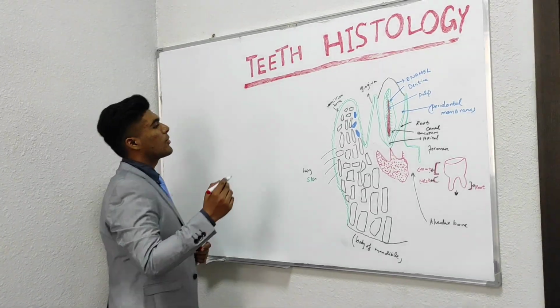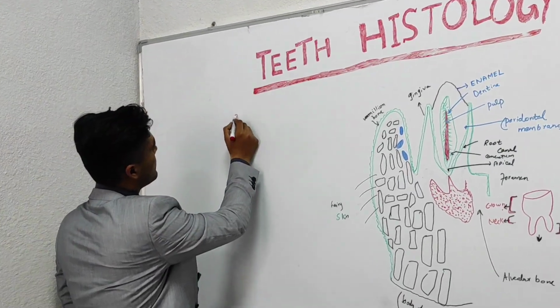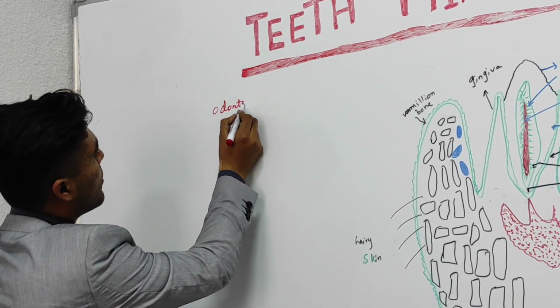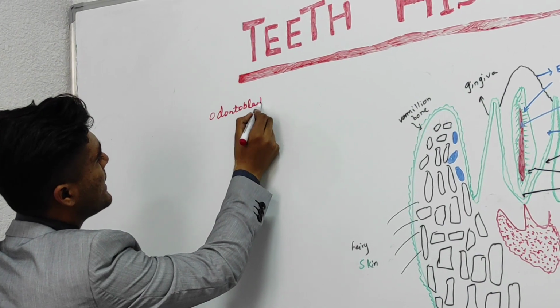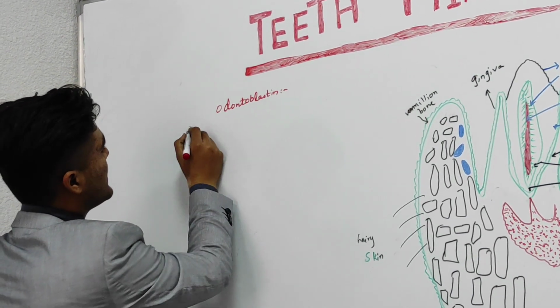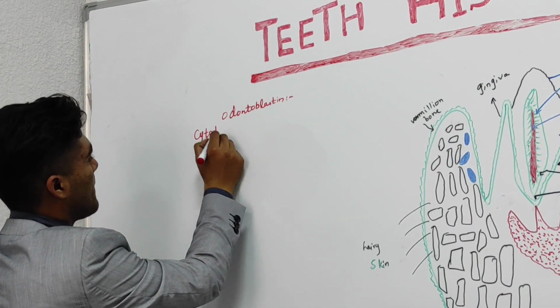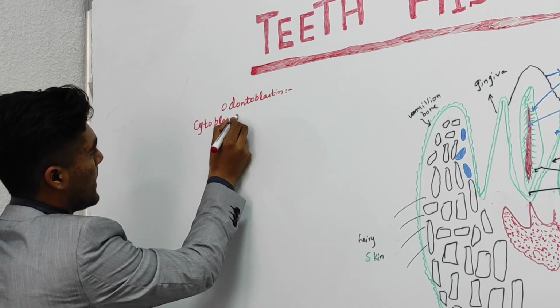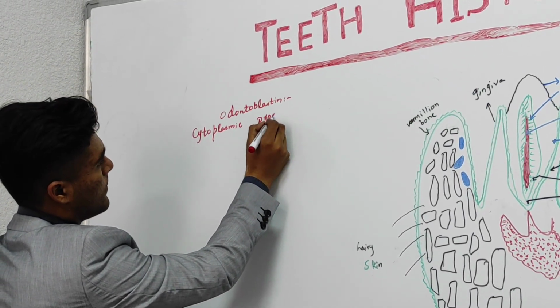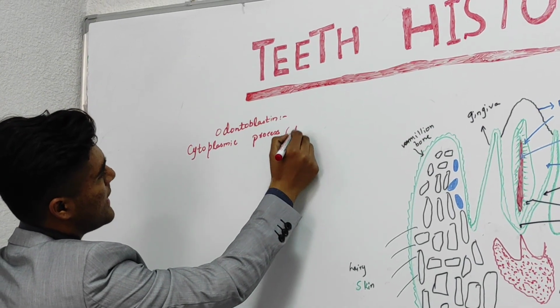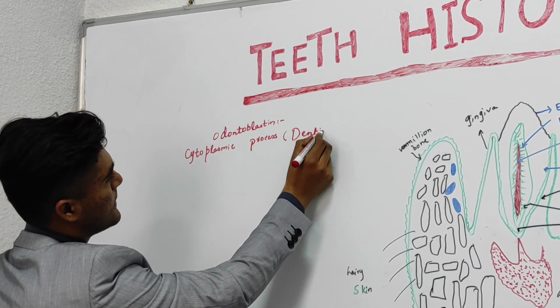Now, discussing odontoblasts. Odontoblasts are the part of dentine and they are the cytoplasmic processes, or you can say dentine forming cells.